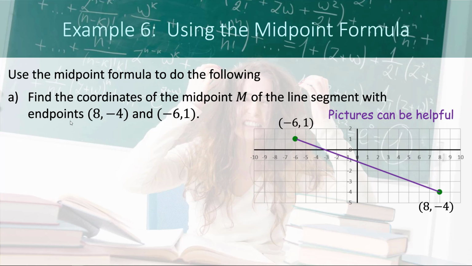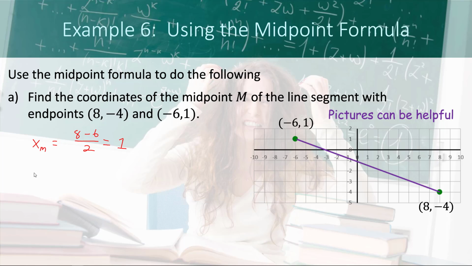Okay, so here's one example that you'll see in your homework. We need to find the coordinates of the midpoint of the line segment with endpoints 8, -4, and -6, 1. So what we want to do is find the average of the x-coordinates. For the x value of the midpoint, that is going to be 8 plus -6 divided by 2, which will be 1.